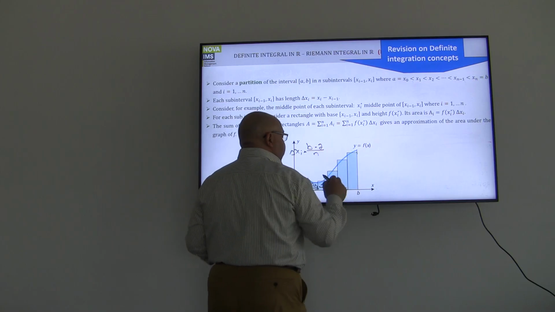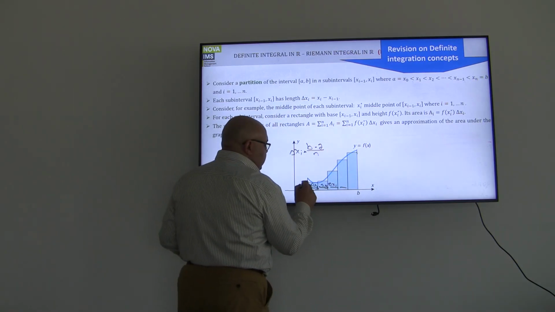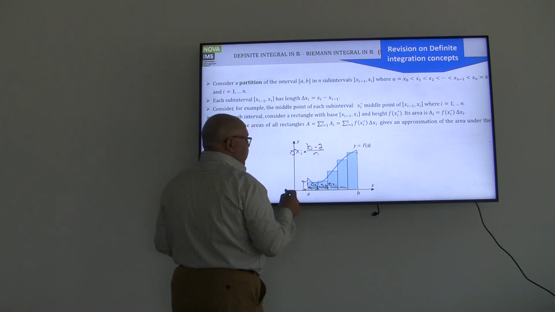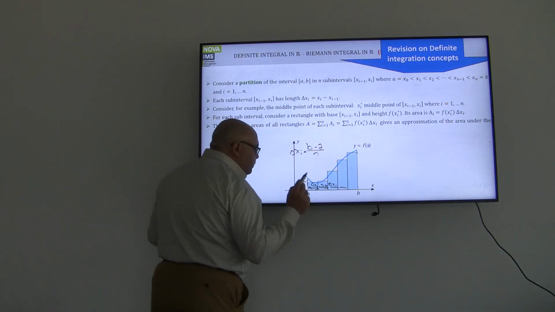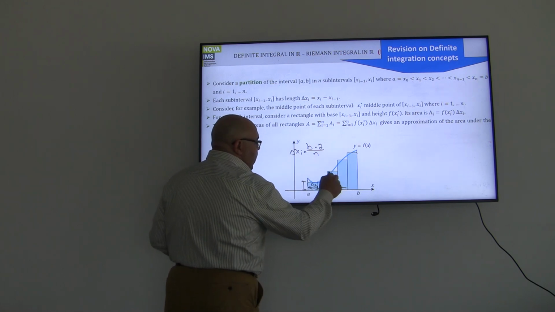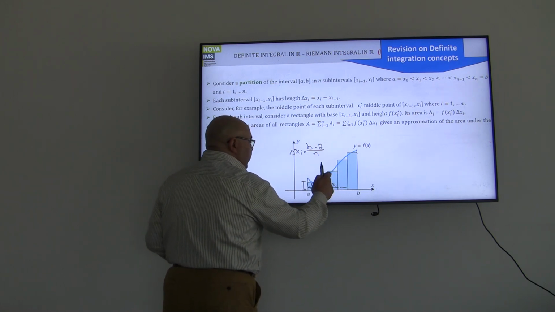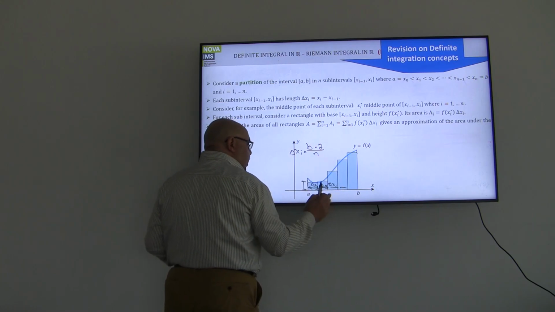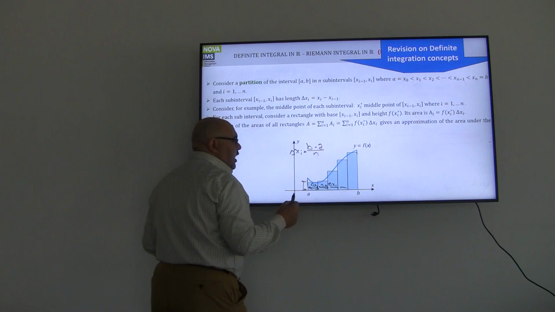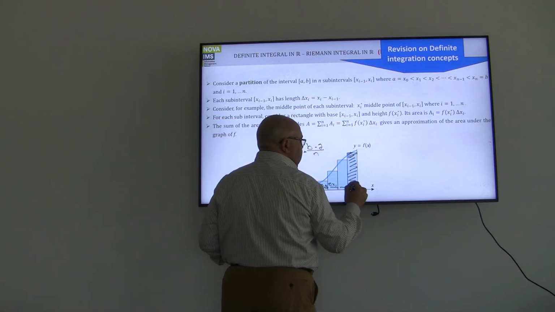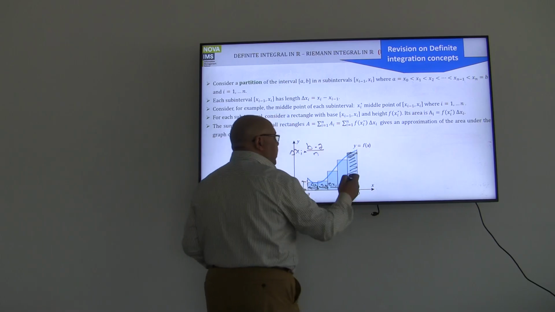So if I want to evaluate, for example, this part, I can do it simply by multiplying the average height between the two values at the beginning and at the end of the period times the distance, which is delta x, which will give me the approximate area of this rectangle.